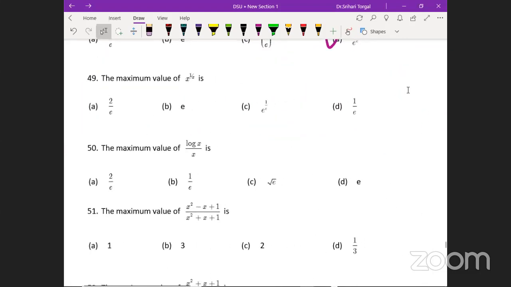Now, 49. Try to attend 49. It is different from other problems. I want to make you practice this. Yes, put x equal to e, right?